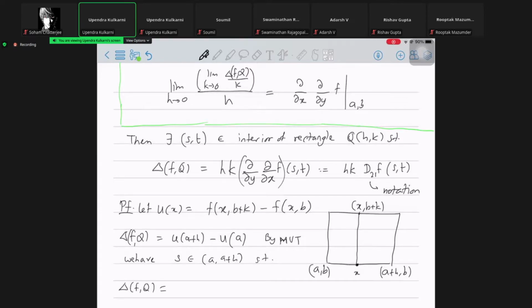Delta f over Q is equal to what? Or rather u of a plus h minus u of a. By the mean value theorem, what do I get? u prime of something, right? u prime of s. This is just a single variable function times what? Times h. Just by one variable mean value theorem.